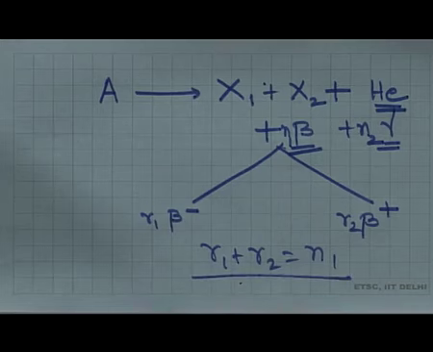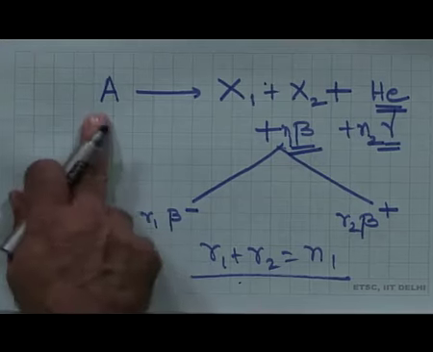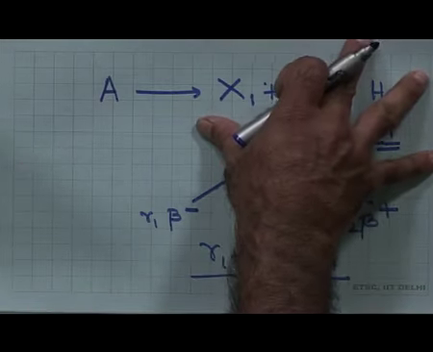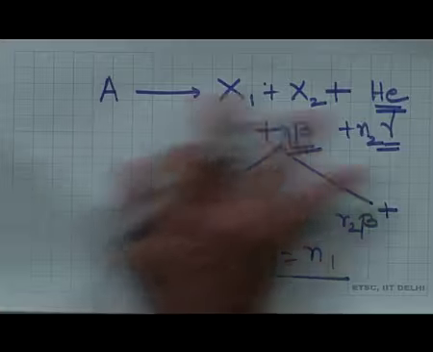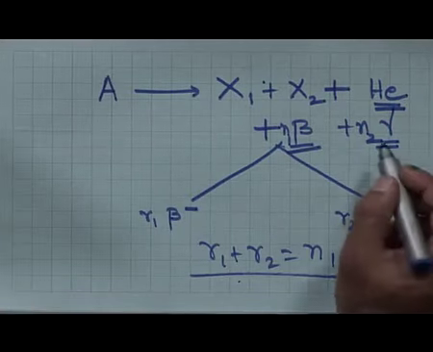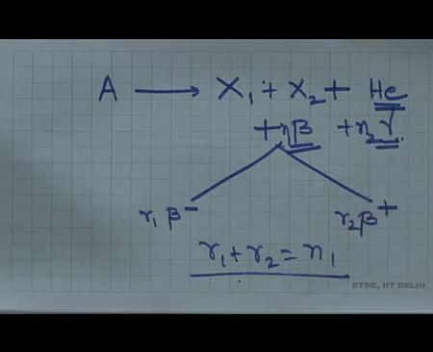So, what is the statement that we want to make? In this process, there are 2 things that we have to check. Number 1, the initial quantity A should be heavier than the sum of the masses of all these fellows. The mass of A should be greater than the sum of the masses of all the outcoming particles, including the energy of the gamma particles.